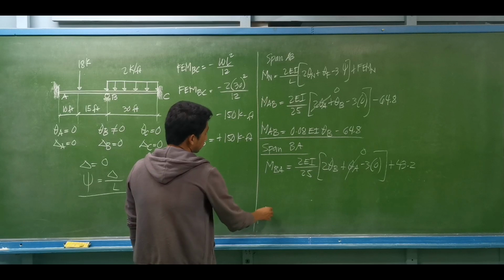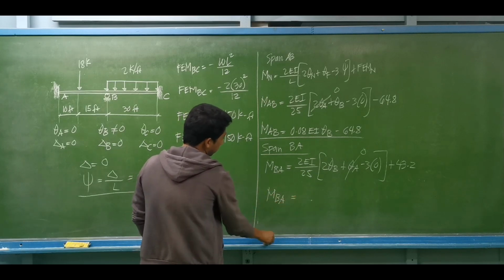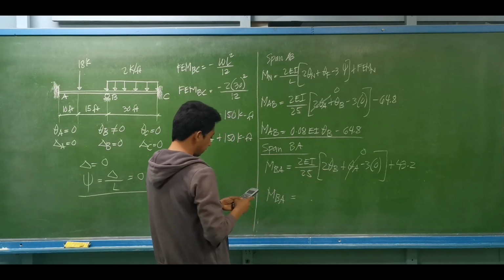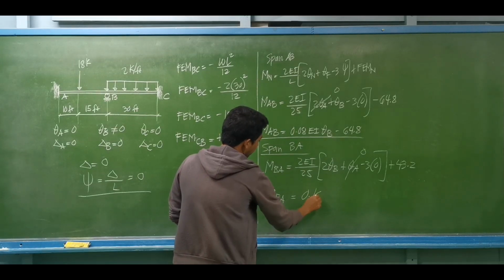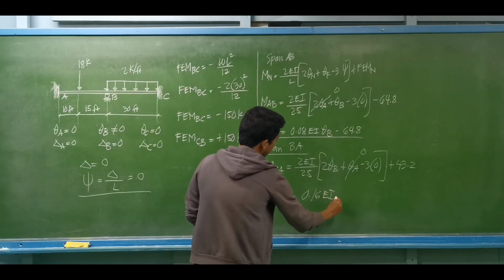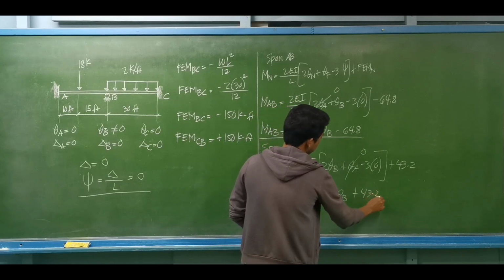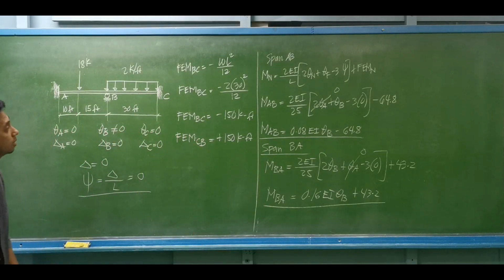So the equivalent of the moment for span BA is equal to, this is 2 times 2, that is 4 divided by 25. We have 0.16 of EI theta sub B, then plus 43.2. So this will be the equivalent for moment BA.